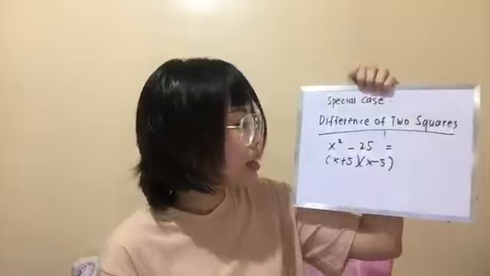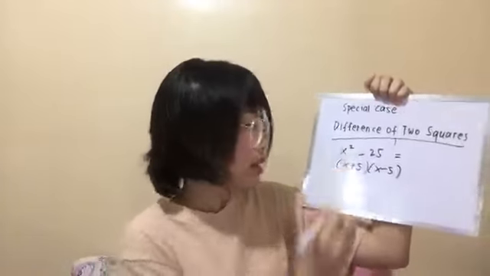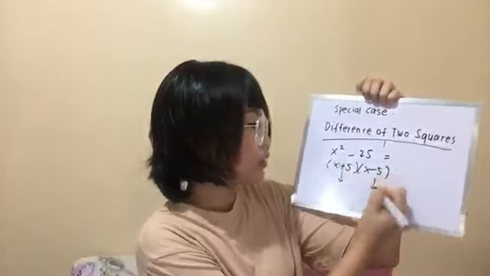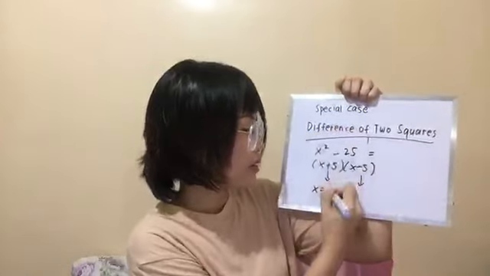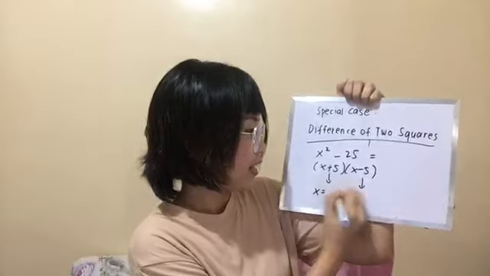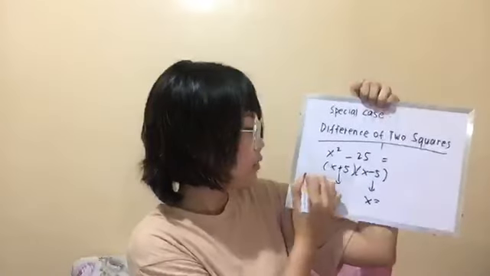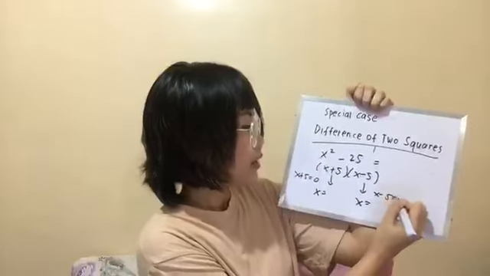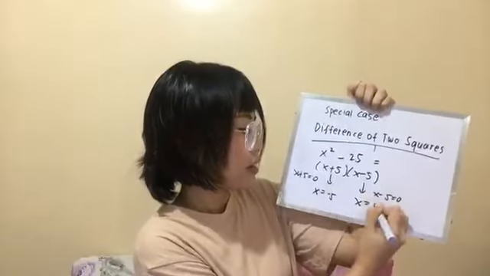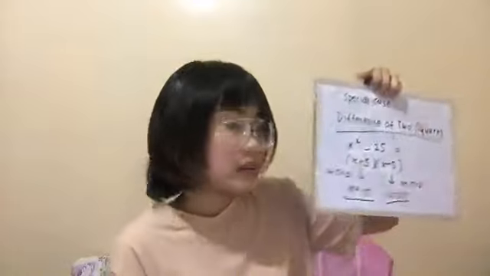If you are asked to find the roots, you will have two roots. If x plus 5 is equal to 0, then if you transpose, x equals negative 5, and the other is positive 5.